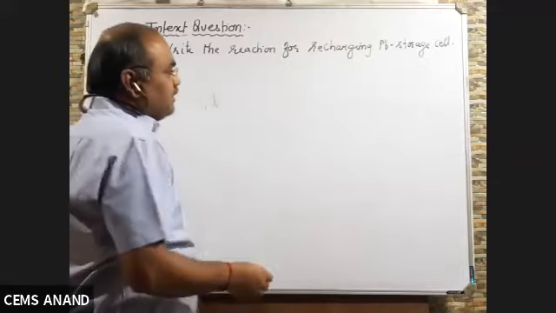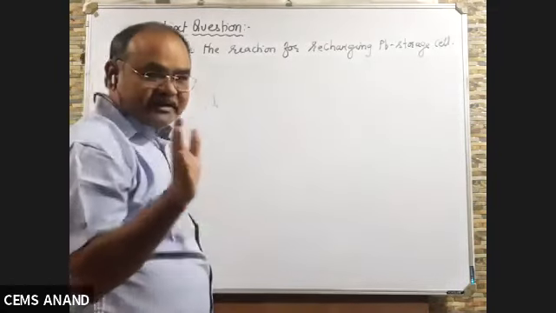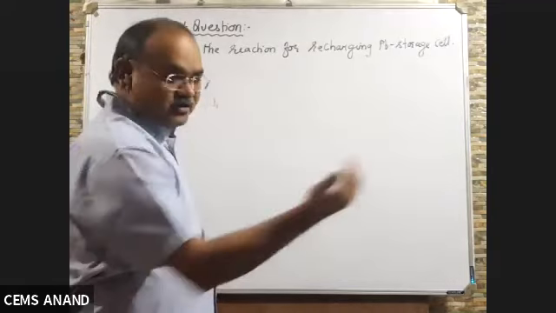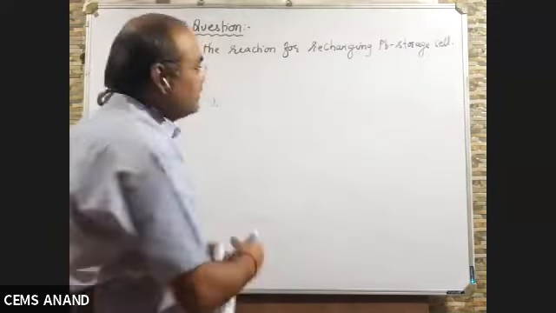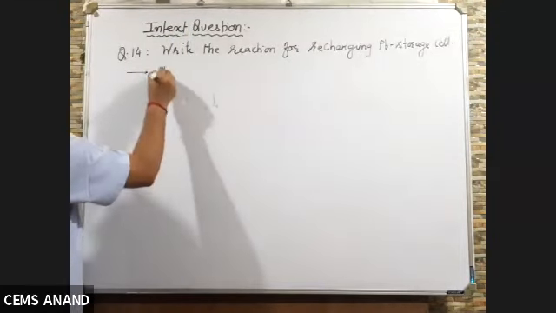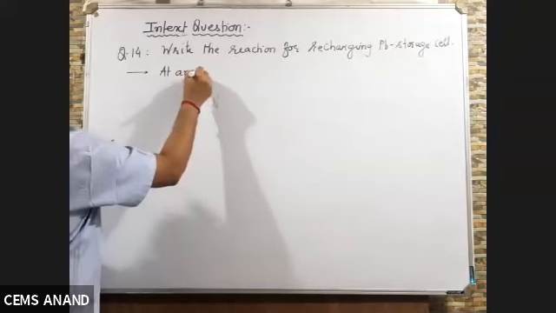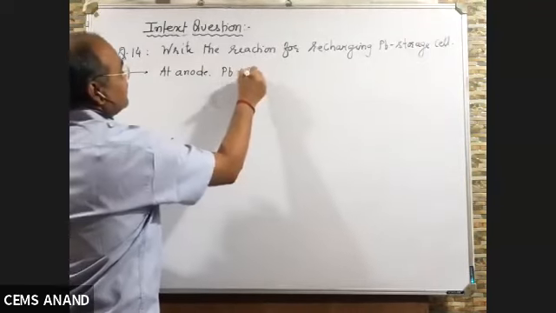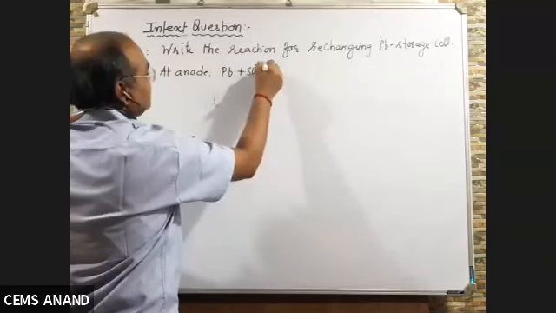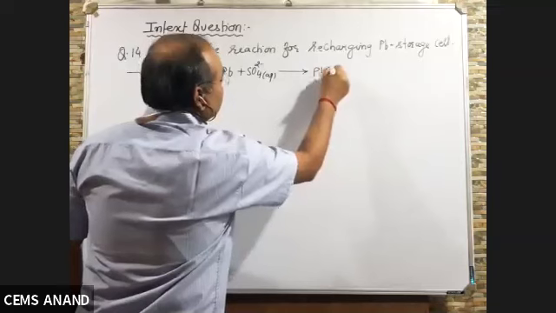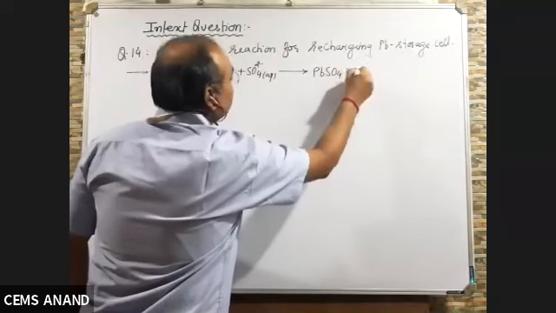Now recharging means what? When the reaction is in the forward direction, the battery will discharge. So the recharging reaction will be the reverse. For that you should know all these reactions. First, what was the reaction at anode? At anode, Pb combines with SO4 2 minus ion from the H2SO4 solution and gets converted to PbSO4 plus 2 electron.